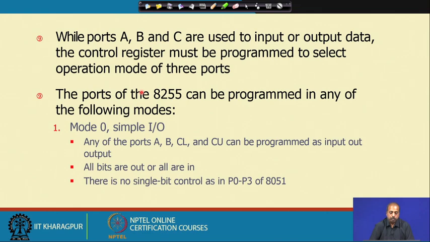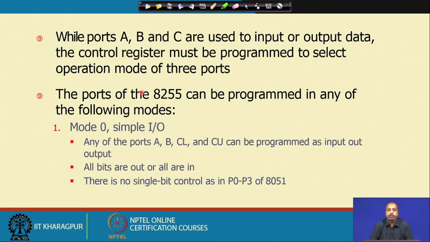In mode 0, any of the ports A, B, C lower and C upper can be programmed as input or output port, and all bits are either out or all are in. So, you cannot do it individually. Either all the 8 bits of port A are output or all the 8 bits of port A are input. There is no bit selection.